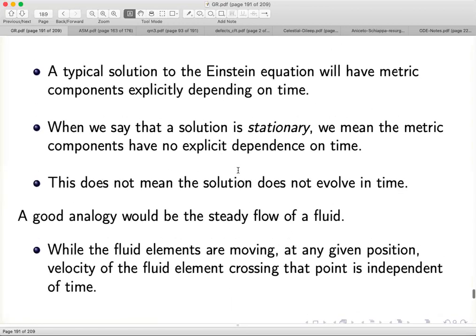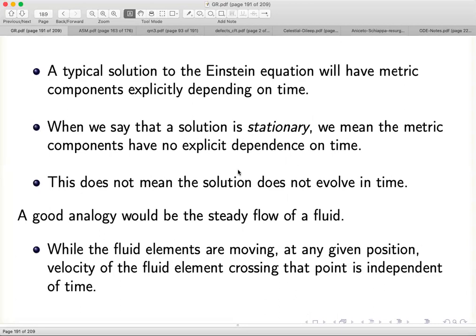Now, metric being stationary does not, remember, there are two places where the time components get in. One place is where you think of the metric as a function of space-time coordinates, and you say that the metric is not a function of the time coordinate. That is one thing that you could do.